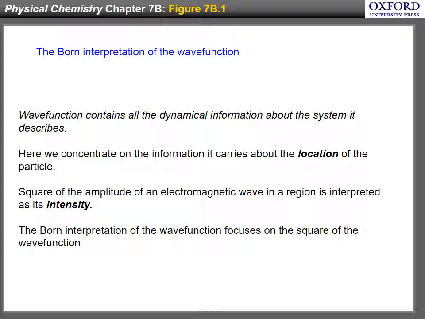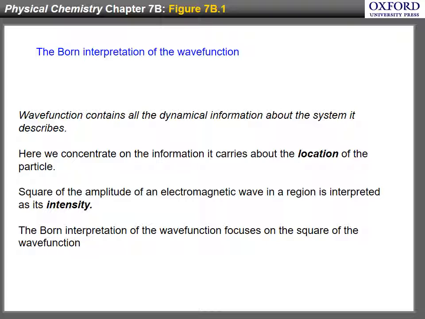From the quantum perspective, this is basically a measure of the probability of finding a photon in a particular region. So Born's interpretation of the wave function focuses on the square of the wave function, as we have already mentioned previously.